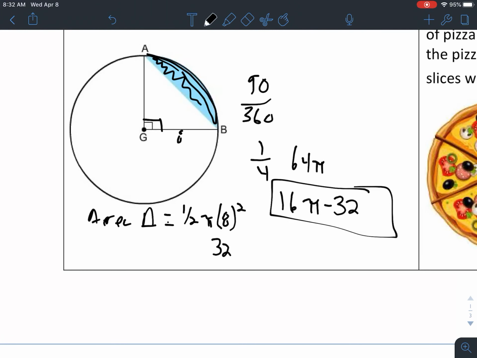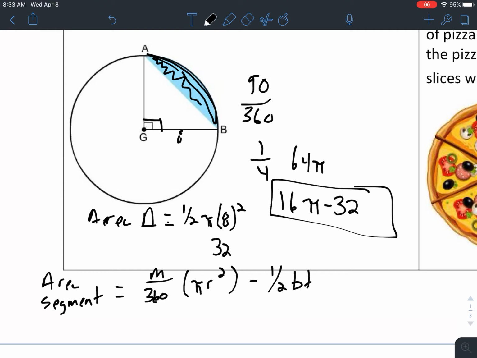I'm going to give you the formula right here. Area of a segment is m over 360 parentheses pi r squared minus 1/2 base times height.